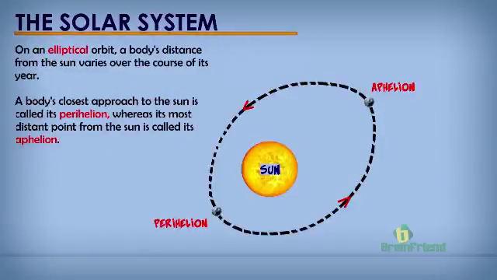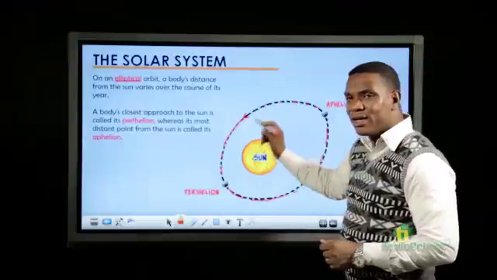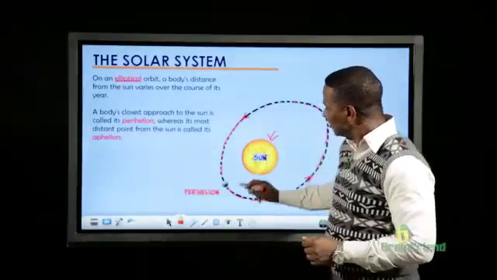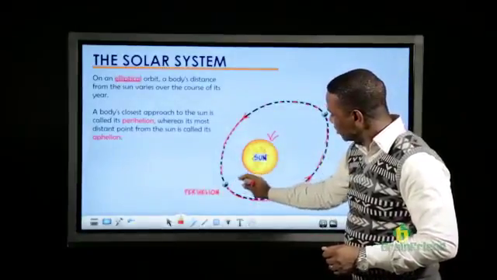An elliptical orbit is a path taken by the planetary body round the sun, which is the center of the solar system. Over the years, as the body journeys round the sun, the distance to the sun varies.